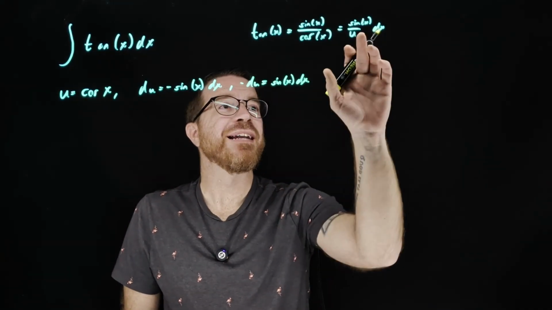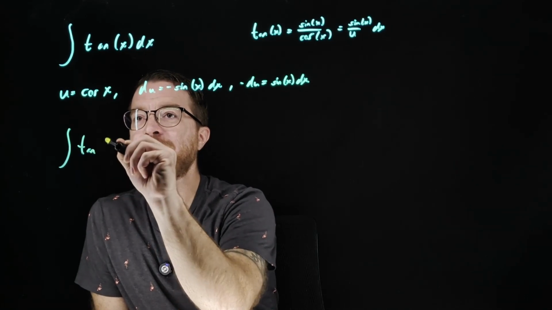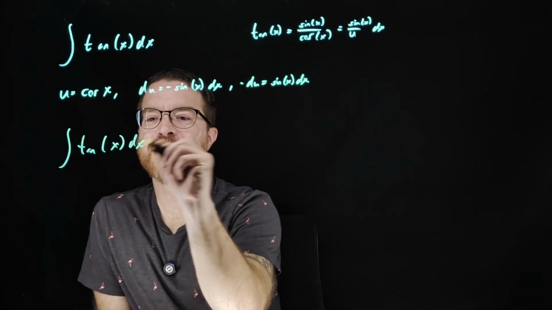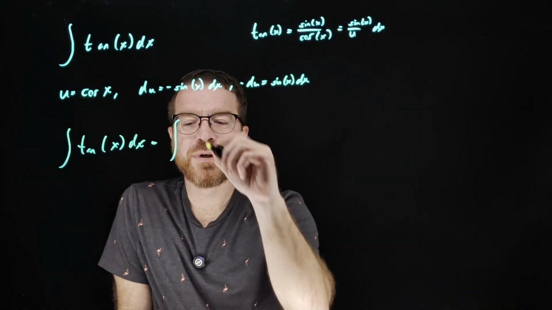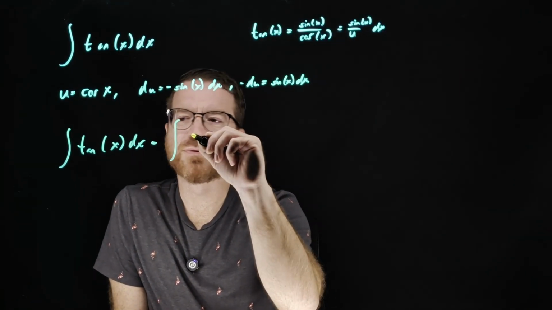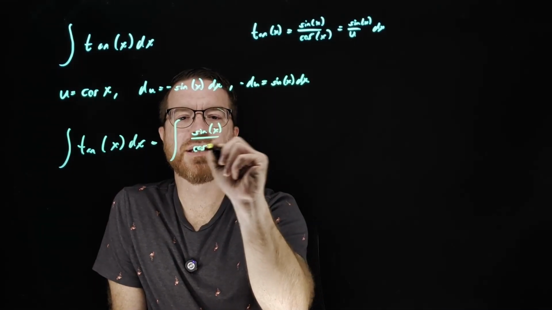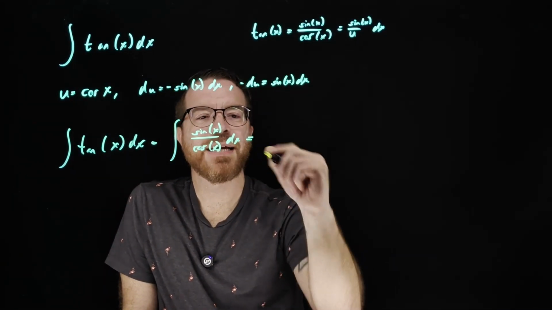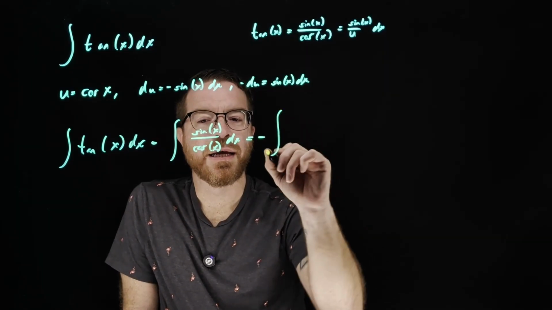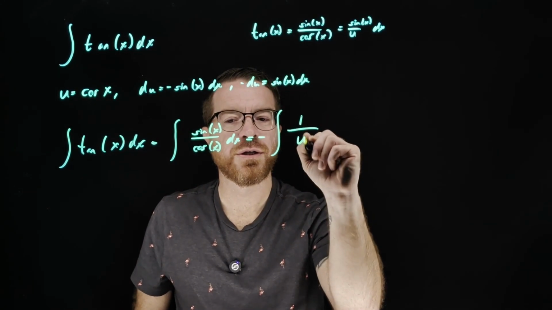So the integral of tangent of x dx can be rewritten, let's first write it this way, as the integral of sine of x over cosine of x dx, which is going to be equal to negative, I'm going to pull that negative out front, integral of 1 over u du.